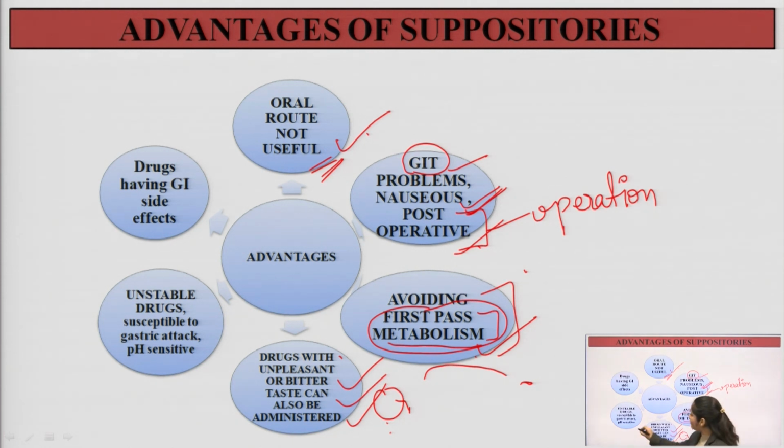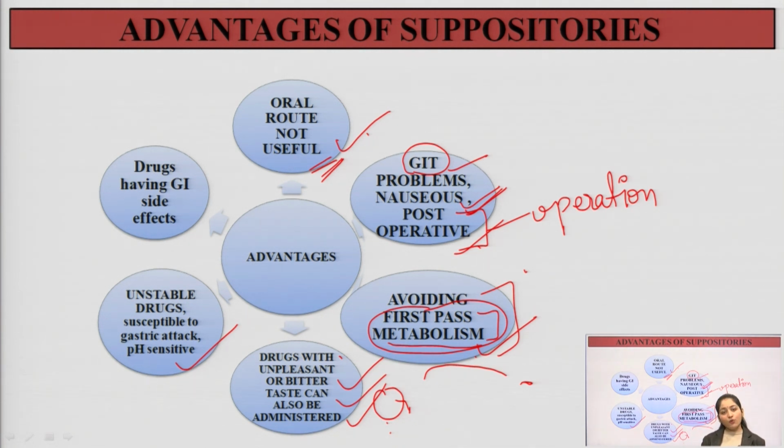Moving ahead, any unstable drug that is susceptible to pH or gastric attack can also be protected. For example, if we are delivering a medication which is not stable inside the body or which is often attacked by our gastric juice, the efficacy of our medicaments really goes down.